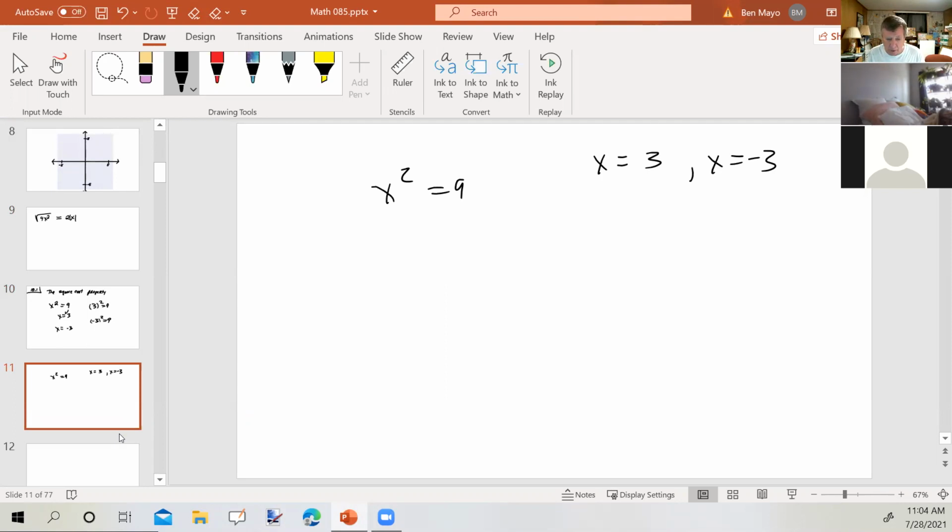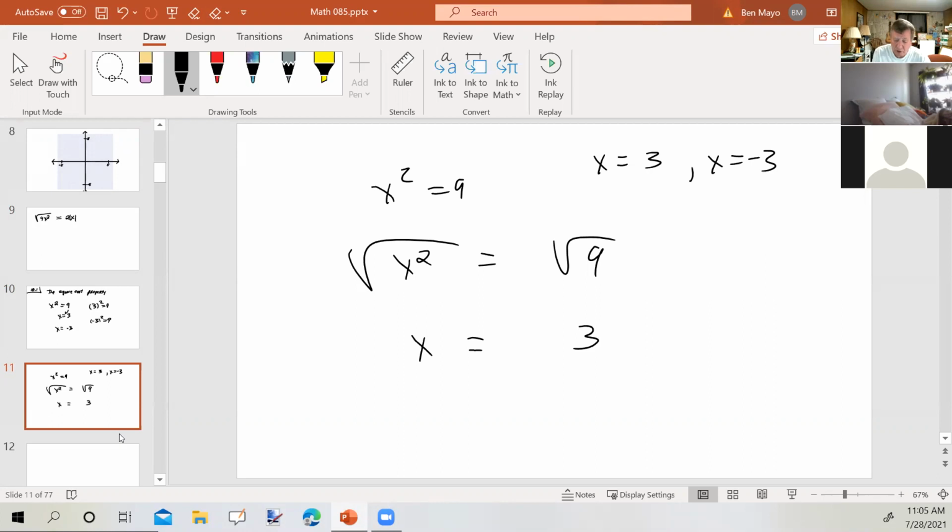Now, we did that just by kind of looking at it, but there's a process called the square root property, where we do the following. We get the equation in the form that it is right here, where on one side of the equation we have a perfect square that contains the variable. On the other side of the equation, we have just a constant or just a number. Once it's in that form, we take the square root of both sides of the equation, which gives us this.